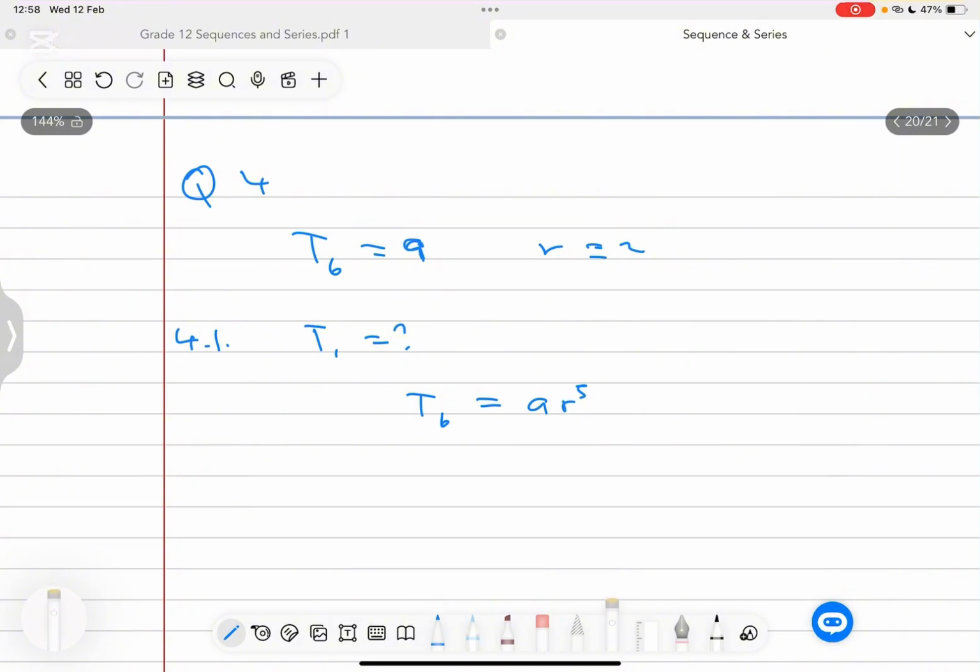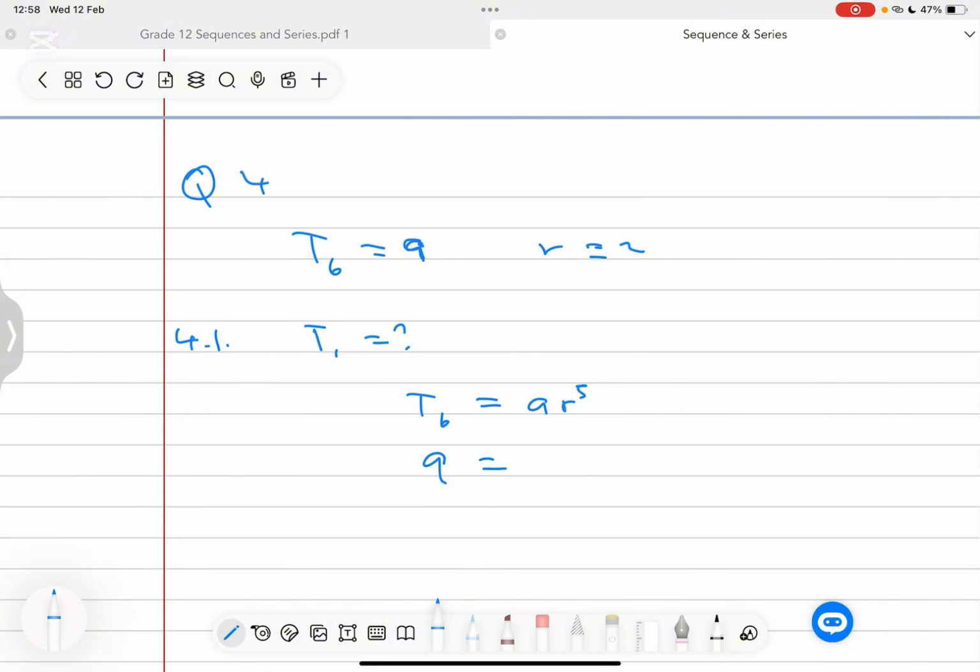Remember the pattern in a geometric sequence: the exponent here is 1 less than the number of terms. In other words, 6 minus 1, we get a 5 there, and that should give me term 6. But we're saying here that term 6 is equal to 9, right?